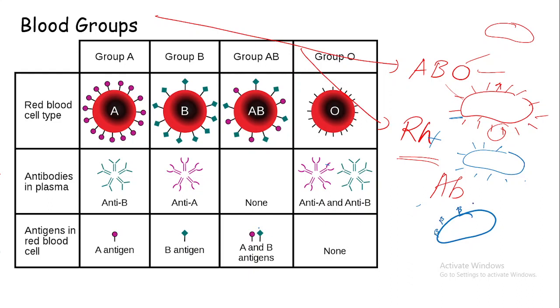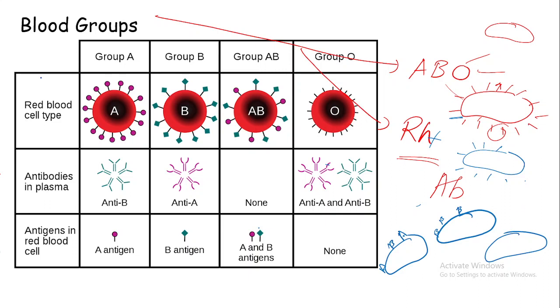That's why it's RH negative. If a person's blood is AB negative, it means his RBC contains A antigens as well as B antigens, but no RH antigen. What if a person's blood group is O negative? It means his RBC is completely blank. Because he's O, he has no A or B antigens, and because he's RH negative, he does not have any RH antigen as well.